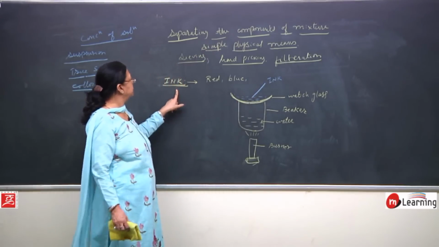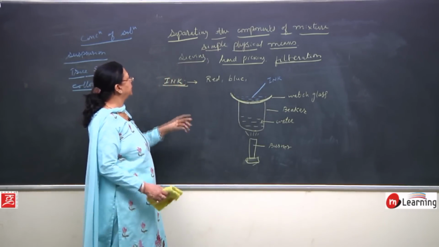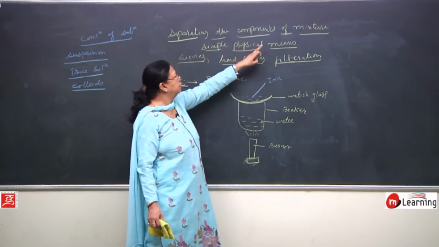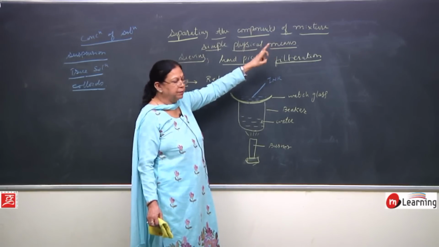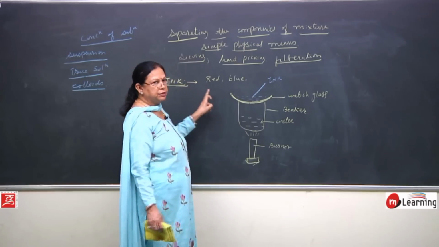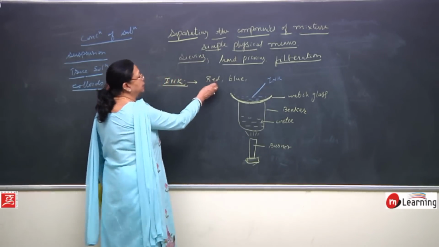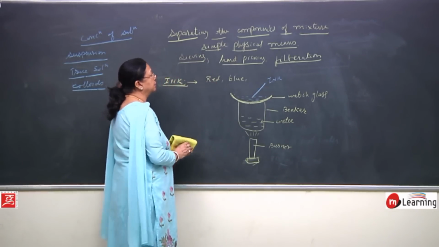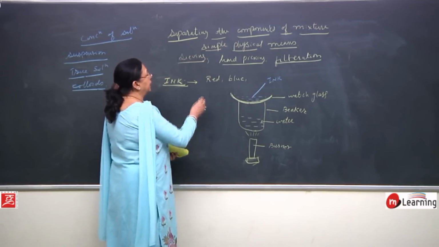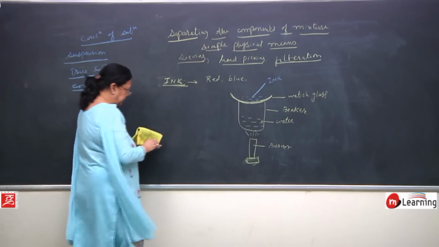What you are doing is separating the components of a mixture. What mixture? Ink. Ink is a mixture of different dyes. You have seen blue ink, you have seen red ink, right? And this ink contains dyes.